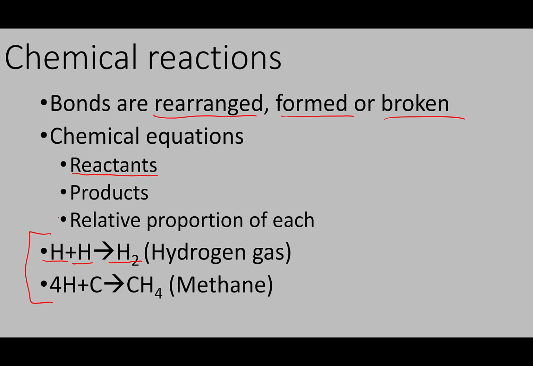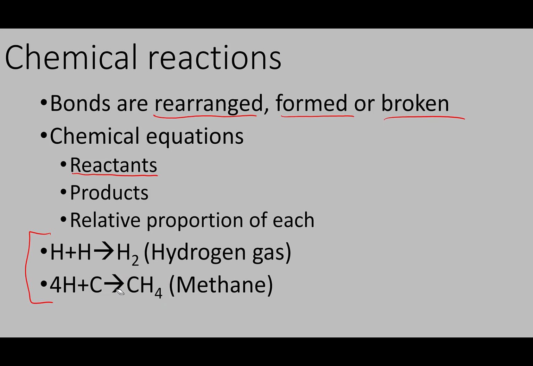For every one hydrogen, we add one hydrogen and we get one hydrogen gas. But this could be trillions upon trillions of hydrogens. Or down here we see 4H and 1C gives us 1CH4. That just means for every 4 hydrogens, there is a carbon. That's what we mean by relative proportions of each.